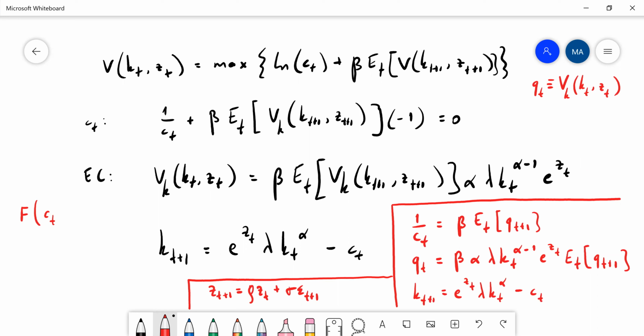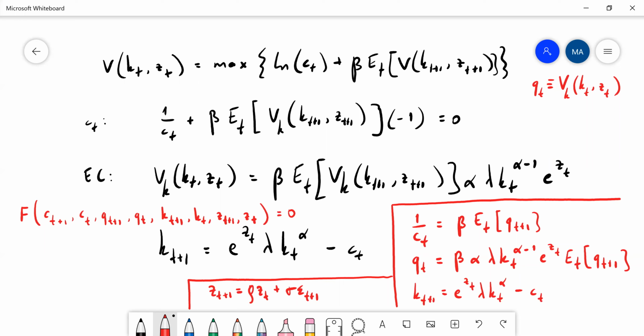So here you have your control variables. So in general, you write them in this way, QT, and then you have the states, right? You have the states.